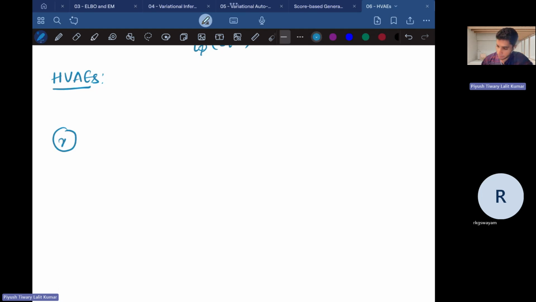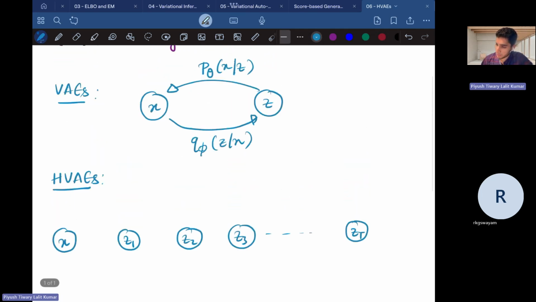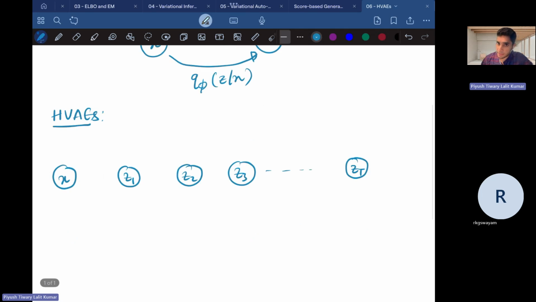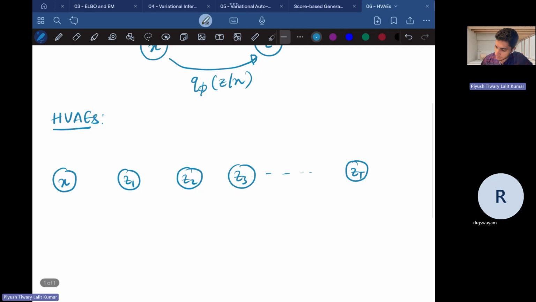These will have X, and multiple latent variables Z1, Z2, maybe Z3, and so on till ZT. Z1 will depend only on Z2, so there will be P of Z1 given Z2.